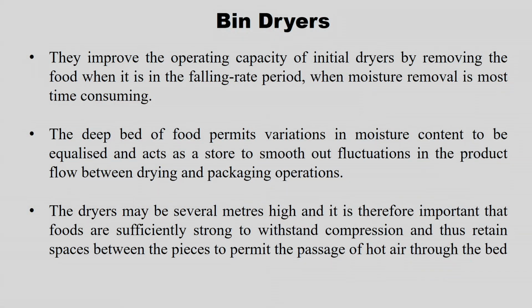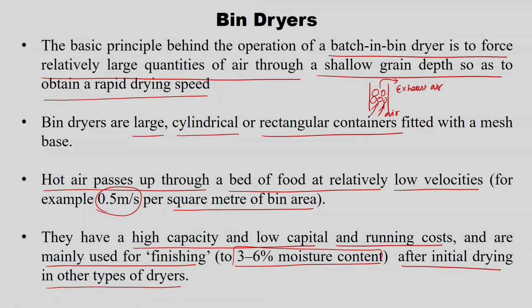They improve the operating capacity of initial dryers by removing the food when it is in the falling rate period, when moisture removal is most time consuming. So here it can be a final drying equipment, right.